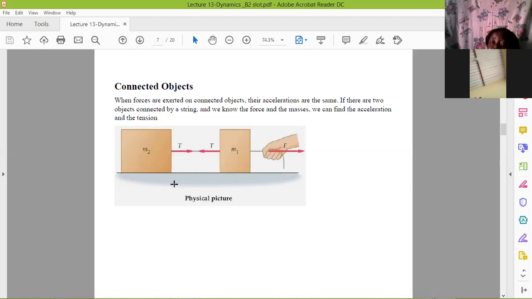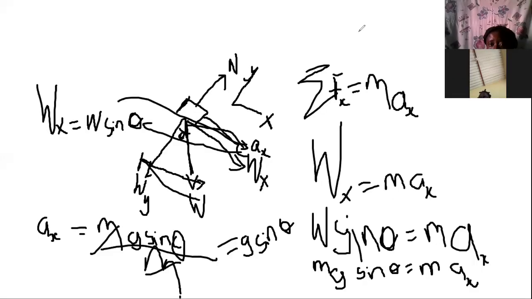They will move with the same acceleration, unless maybe just in opposite directions. Did you do the experiment for the Atwood machine? Yes. Okay, so you have seen that as one object is pulling down, the other object is going up.